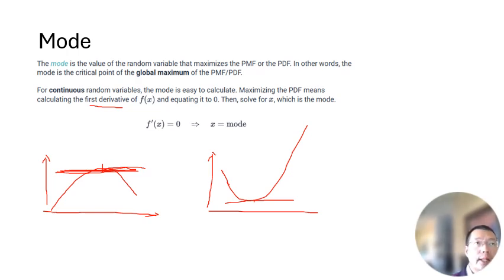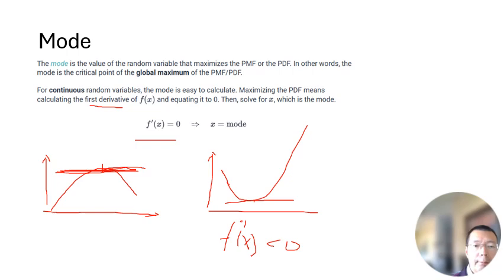Other than f'(x) equals 0, you will also need to have f''(x), the second derivative, needs to be less than 0. That's the complete requirement, but generally you don't need to consider that. Most likely you just need to be using the first derivative to be able to get it.